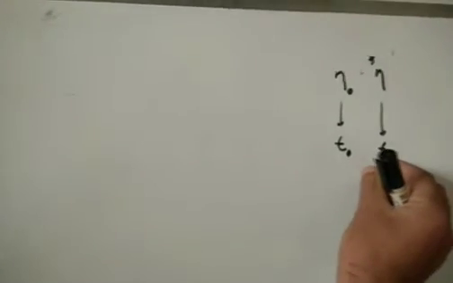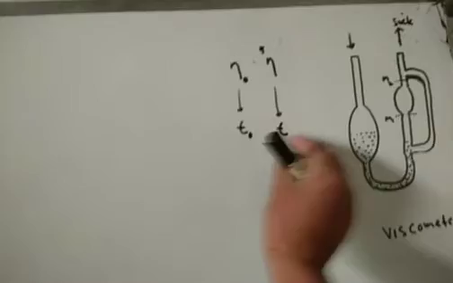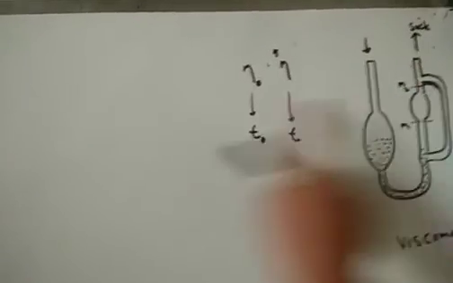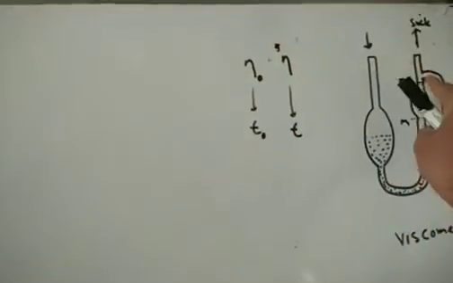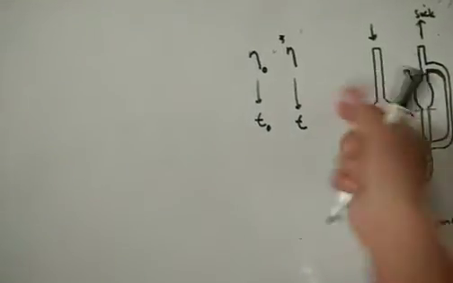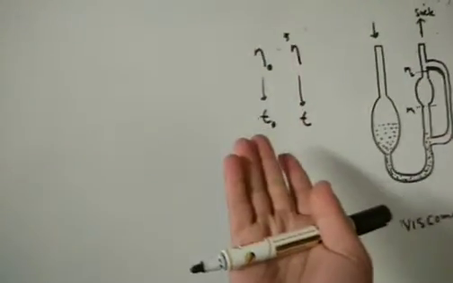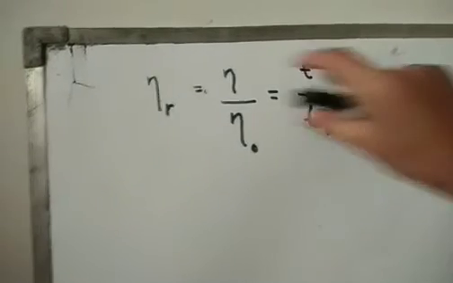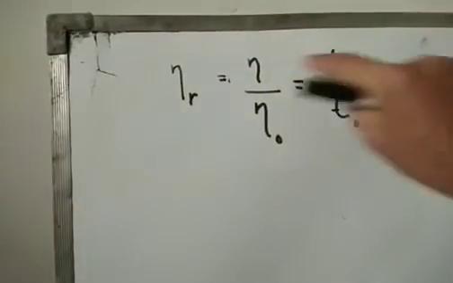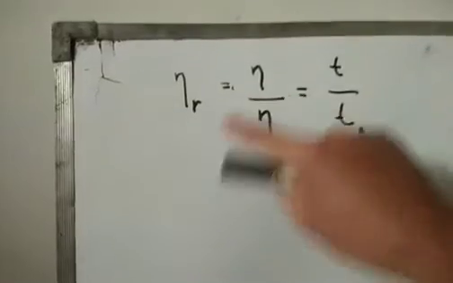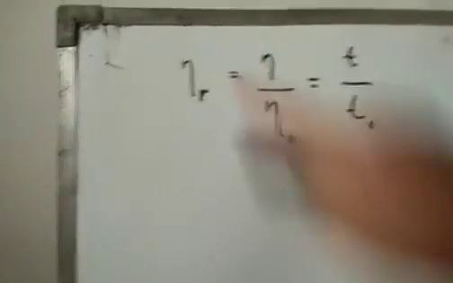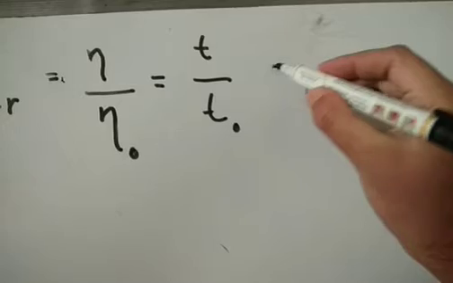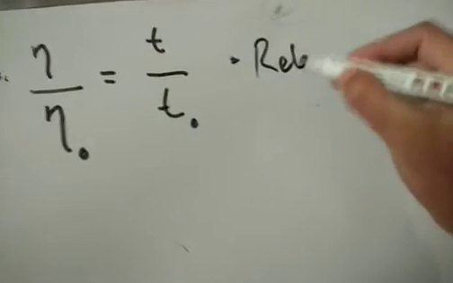So हमने यहाँ कहा था कि ये है the time the polymer solution takes to come from this point to this point, and this is the time pure solvent takes to come from this point to this point. We know जिसकी viscosity ज़्यादा होगी, obviously that takes more time. So they have a direct proportionality. So relative viscosity can be calculated by this time relation. This is the viscosity of polymer solution, this is viscosity of pure solvent. So from the Ostwald's viscometer, we are basically getting a relative viscosity.